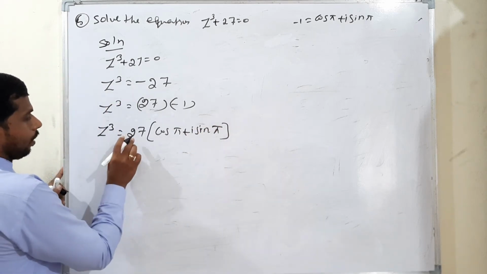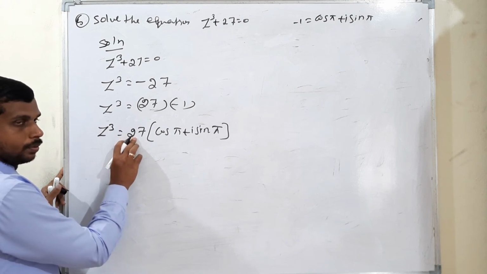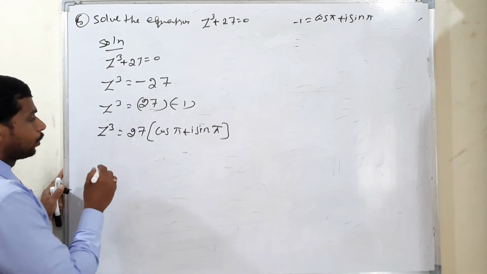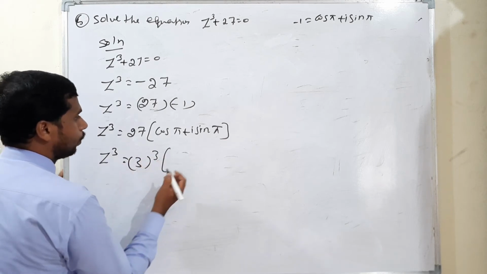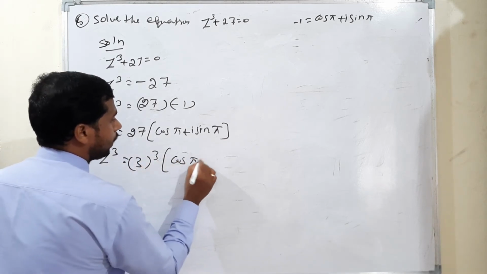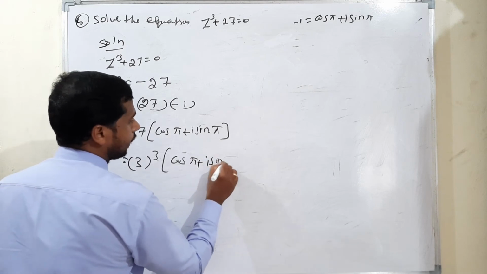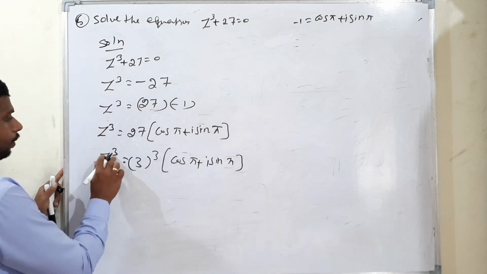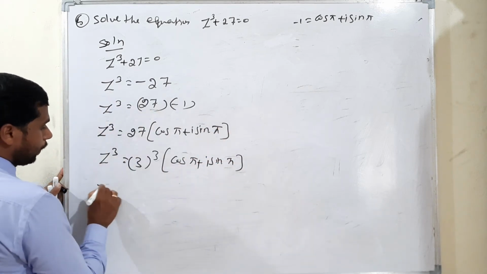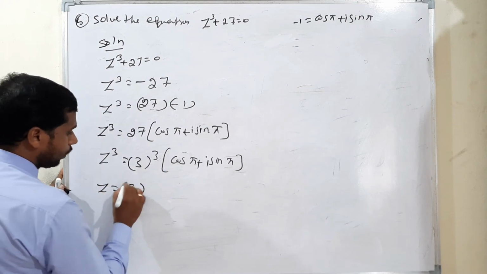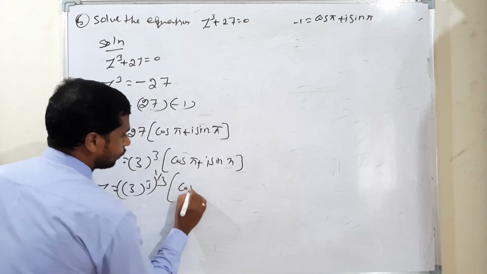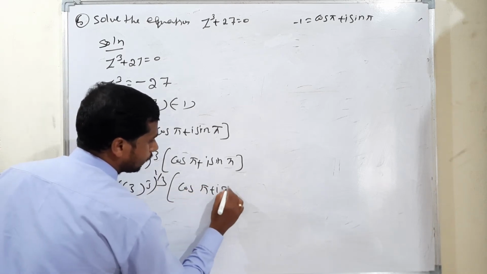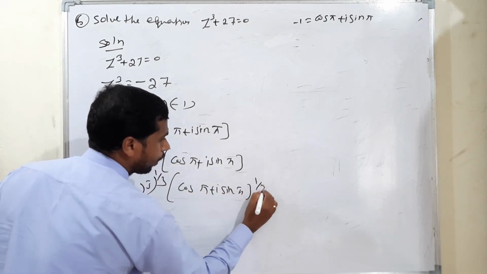Now how to split the 27? 3 cube, no? 3 into 3 into 3 is 27. So z^3 = 3^3 (cos π + i sin π). Bringing the cube to the opposite side, z = (3^3)^(1/3) (cos π + i sin π)^(1/3).